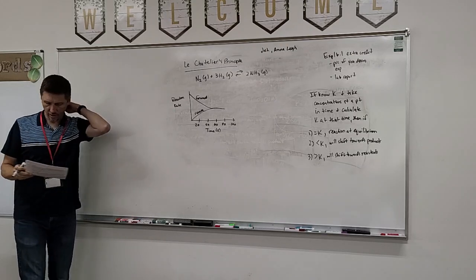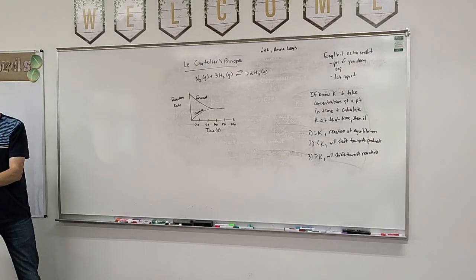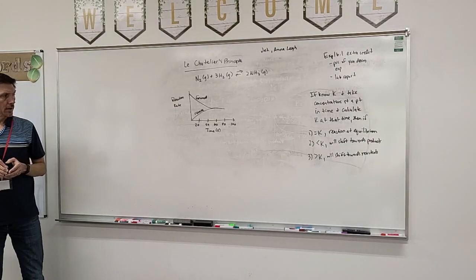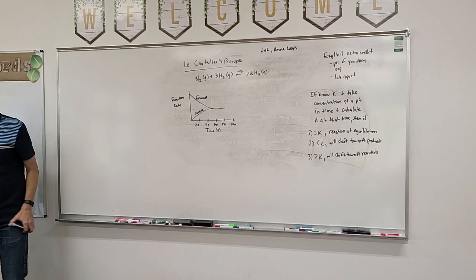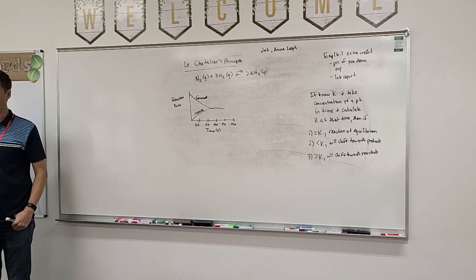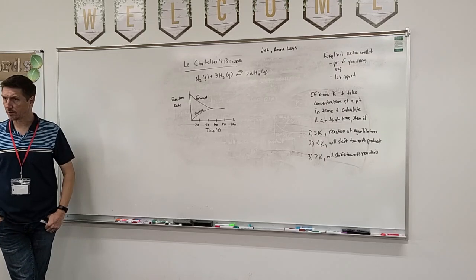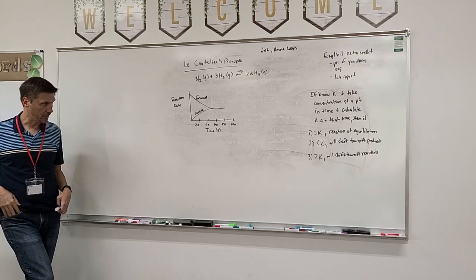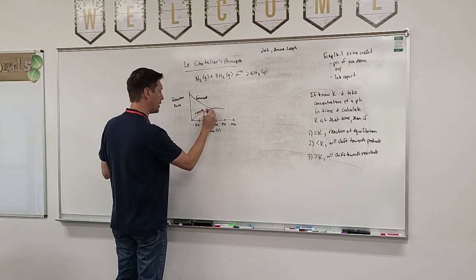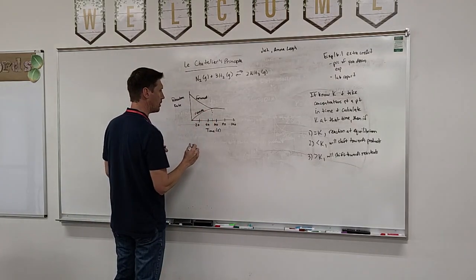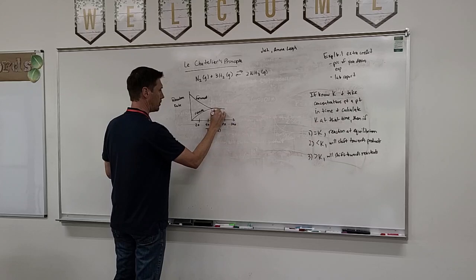So if I gave you this graph right here, and I asked you at what time did this reaction reach equilibrium, what would you tell me? Estimating, roughly about 50, right? If we drop the dotted line down here, it would be roughly 50 when we reach equilibrium.